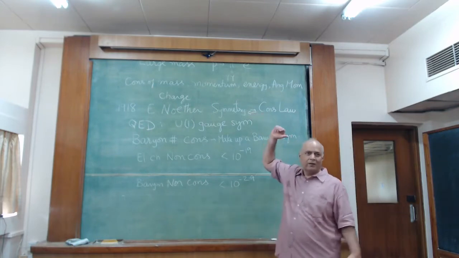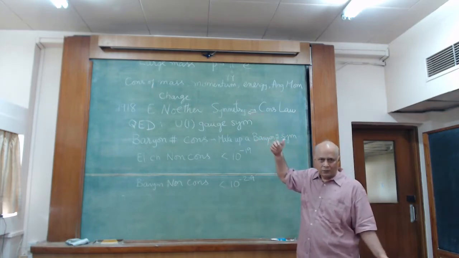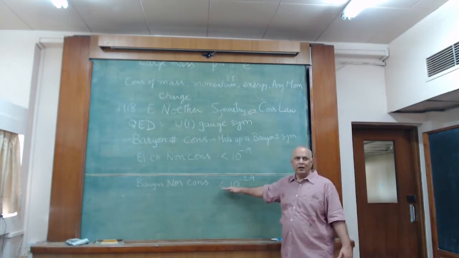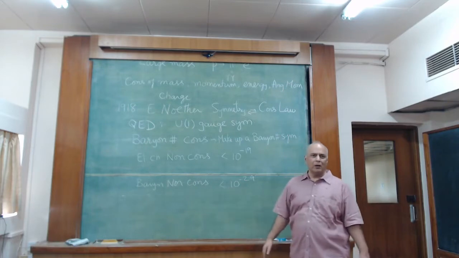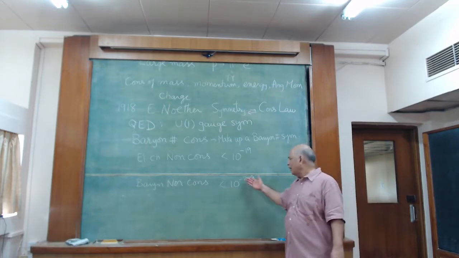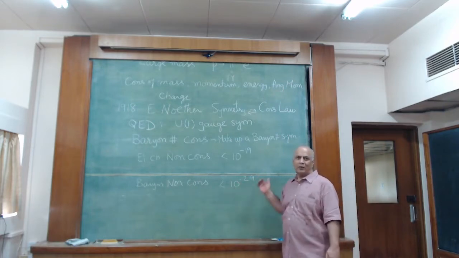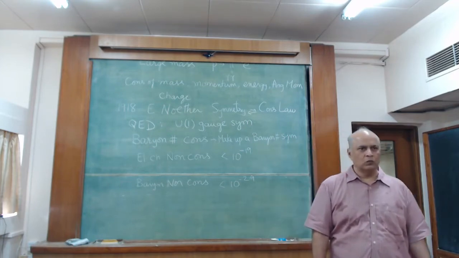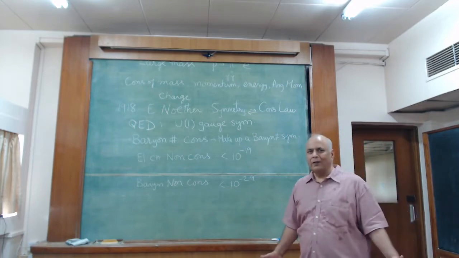Given the predictions of grand unified theories, without hesitation, people started looking for baryon number non-conservation at a level smaller than 10 power minus 29. Why is that?